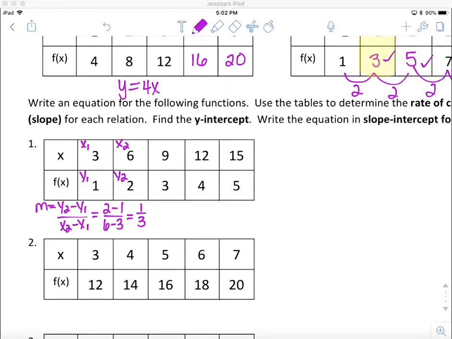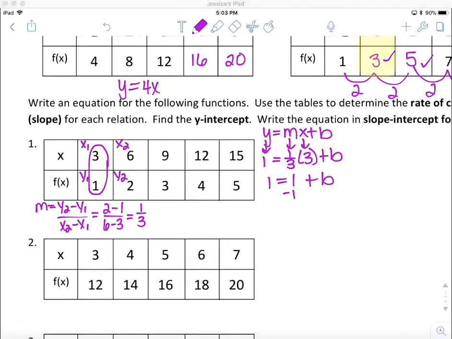Now, if I am plugging this in to y equals mx plus b, then I can choose any point on my table. For this one, I'm just going to choose the first one, but any point will work. So my y is 1, my slope is 1/3, my x is 3, and I'm solving for b. Well, 1/3 times 3, those 3's cancel and leave me with 1.